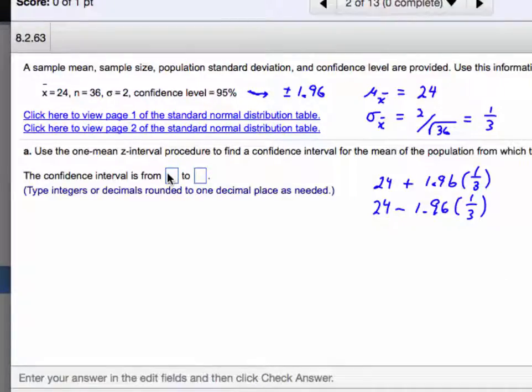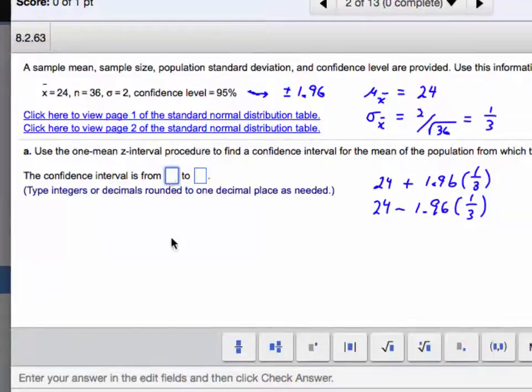And they want it to 1 decimal place. As soon as you get it, shout it out.